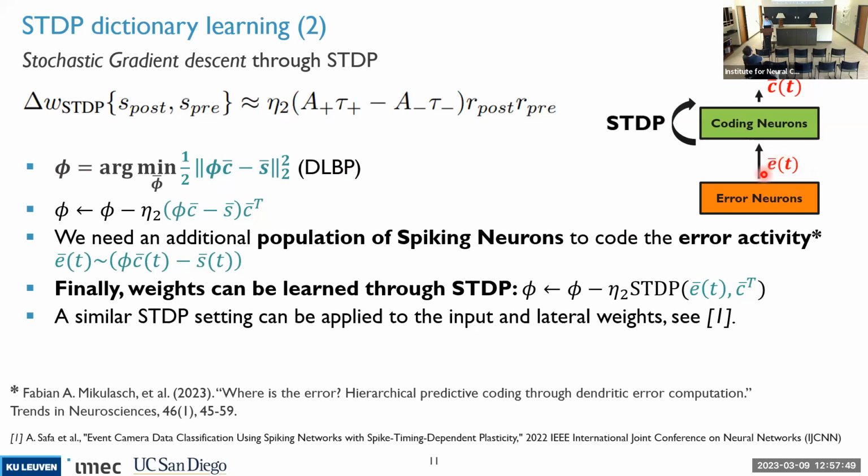Now that we have the error spikes coming out of the error neurons, we can apply STDP between the error spike trains and the output spike trains in order to perform the product between phi C minus S and C. And by doing that, we can learn phi through STDP.